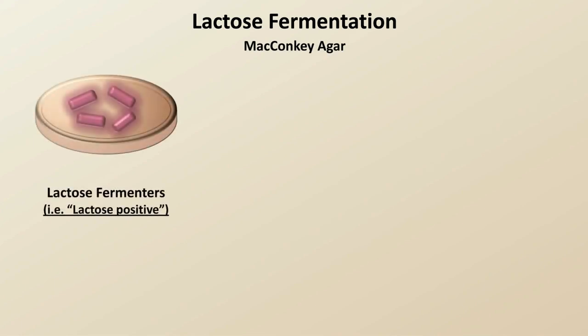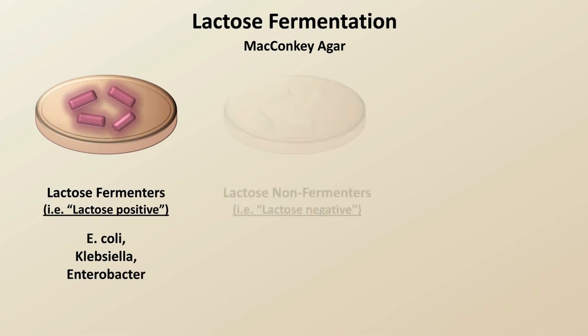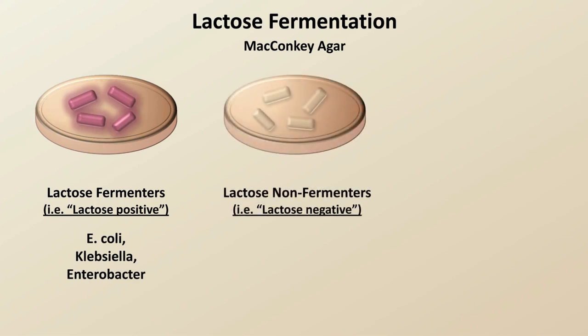Here's what is seen when bacteria are grown on MacConkey agar plates. Lactose fermenters, also known as lactose-positive bacteria, are dyed red and are surrounded by a red halo in the agar. The major lactose-positive organisms are E. coli, Klebsiella, and Enterobacter. Lactose non-fermenters, that is lactose-negative bacteria, appear translucent.